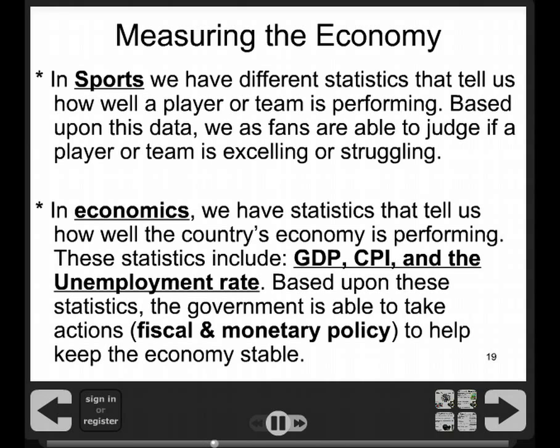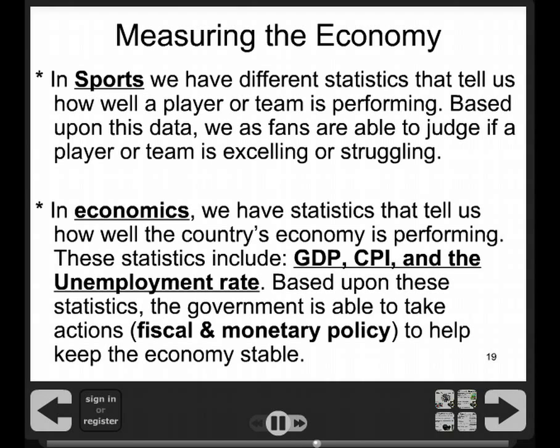So take the Washington Capitals, our local hockey team. If the Capitals are scoring lots and lots of goals, and if our goalie is making lots and lots of saves, we can use those statistics to determine that the Washington Capitals must be doing really, really well. Well, in economics, we use statistics called the GDP, the CPI, and the unemployment rate.